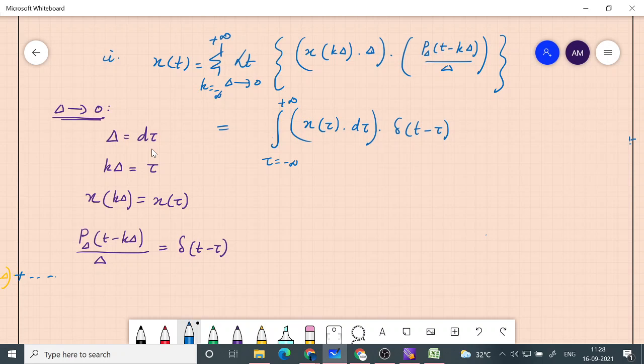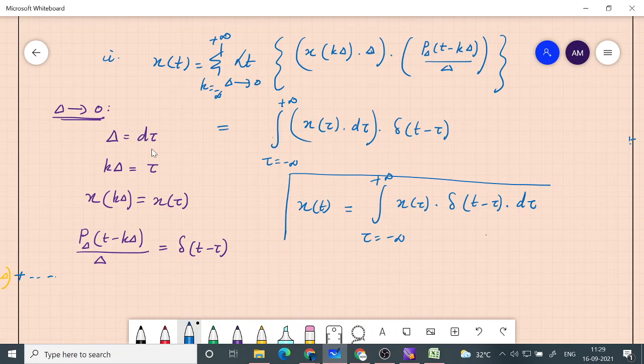So now I am going to rearrange this and write it as the integral, tau going from minus infinity to plus infinity, of x of tau into delta of t minus tau d tau. What is this? This is my x of t. This is the analogous expression.